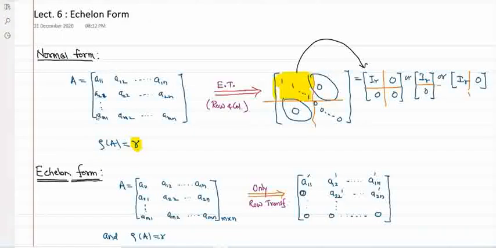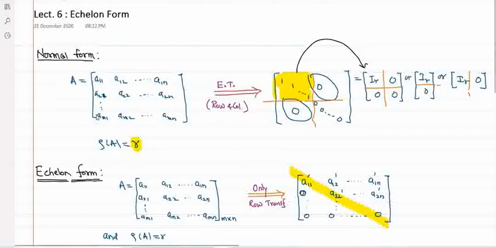If you consider this as a diagonal entry, then the first R rows form an upper triangular matrix, and the remaining rows are identically 0. In short, when reducing the matrix to echelon form, you have to reduce it to upper triangular form by applying only, remember this part, only row transformation.